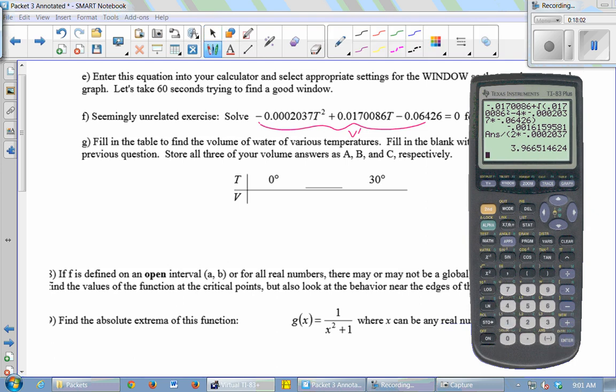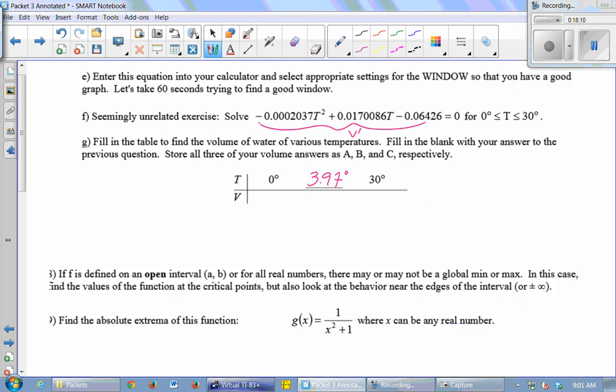That gives 3.97. So 4 degrees was that magic number where you get minimum volume.